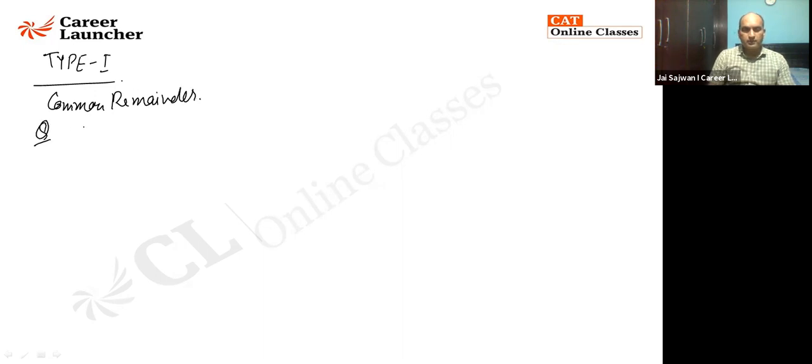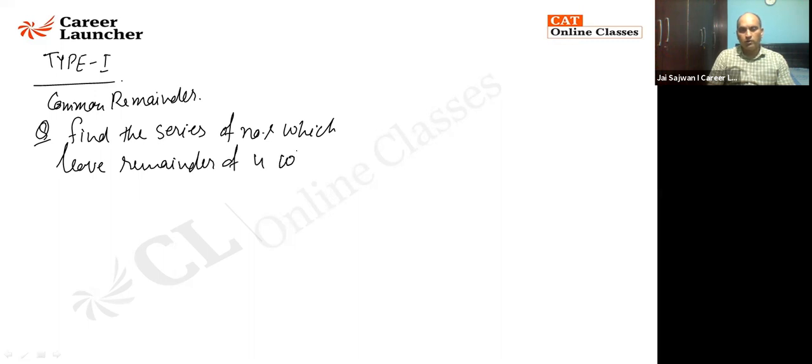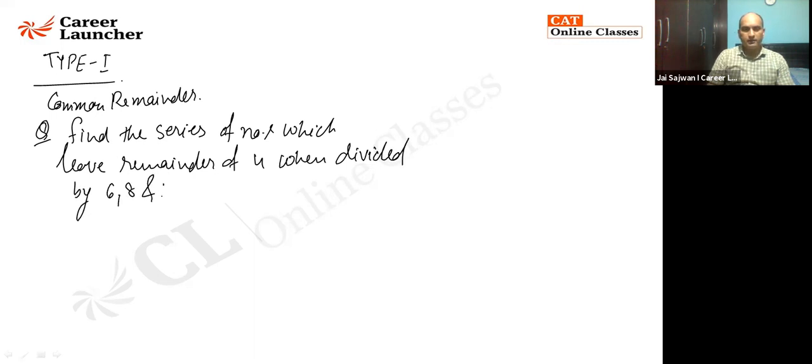The question says: find the series of numbers which leave a remainder of 4 when divided by 6, 8, and 10. I want to find the series of numbers which leaves the remainder of 4 when divided by 6, 8, and 10.